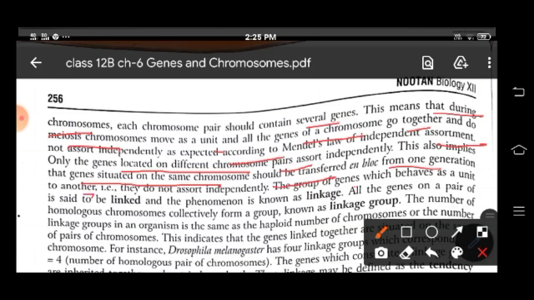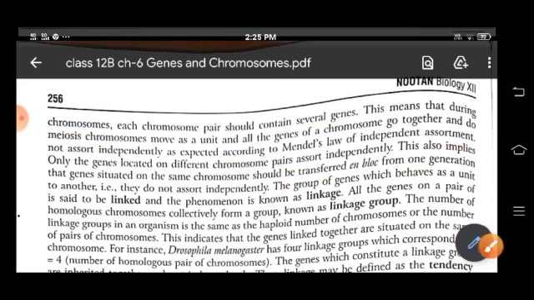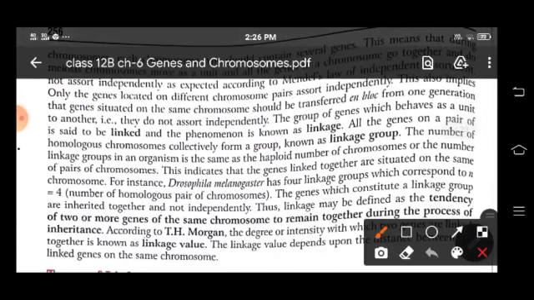This group of genes which behave as a unit is said to be linked, and the phenomenon is known as linkage. All the genes on a pair of homologous chromosomes collectively form a group known as a linkage group. This indicates that the genes which are linked together are situated on the same chromosome.